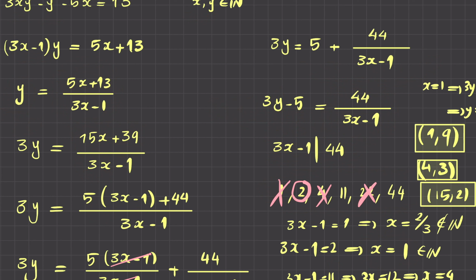Okay, but what is the graphical interpretation of this? It means that if you draw the graph of this function, there are only 3 points on the graph of this function so that the coordinates are both natural numbers.